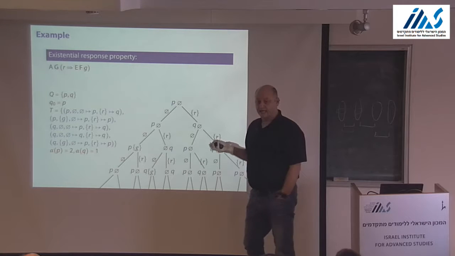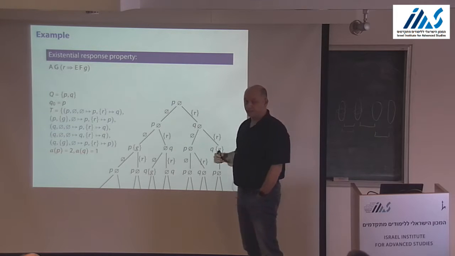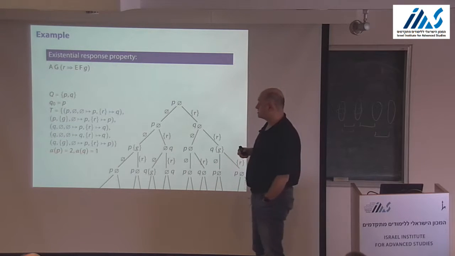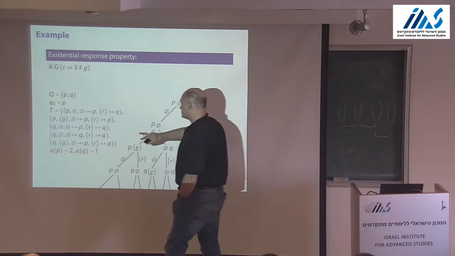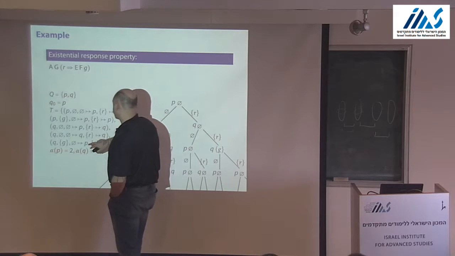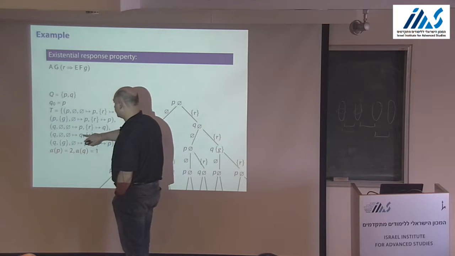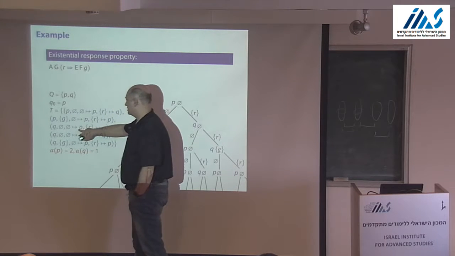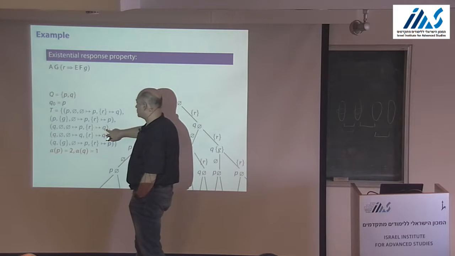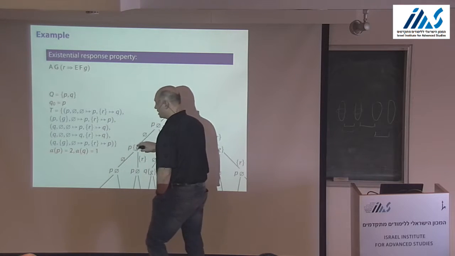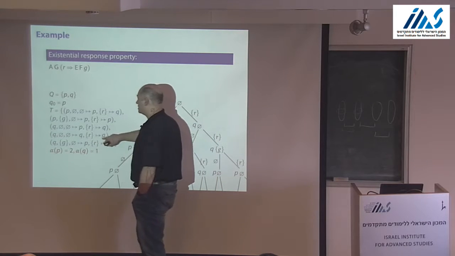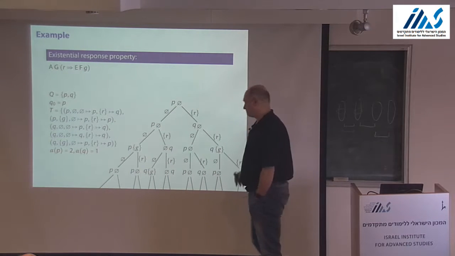Now, the tree automaton can be non-deterministic, so it can be that multiple transitions are applicable. We had that situation here where we're in state Q, and we can either move to P in the empty set direction and to Q in the R direction, or we can move to Q in both directions.